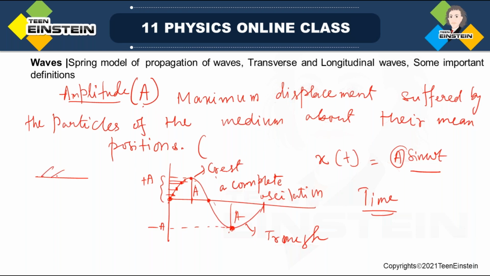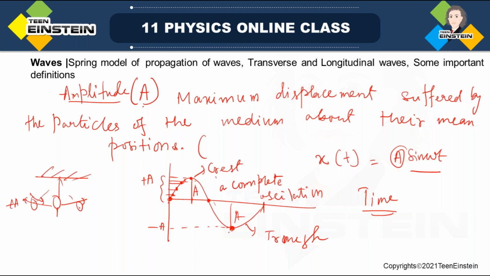In case of a simple harmonic oscillator or simple pendulum, see if it is starting from here, from mean position, it will go this way, suppose plus, then it will come back to the mean position, then it will go to the other side, this position.